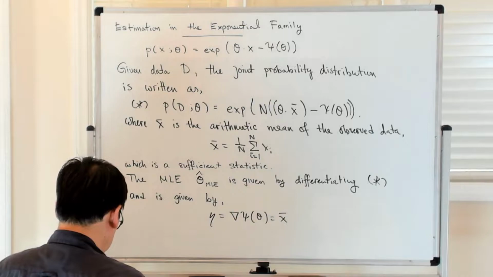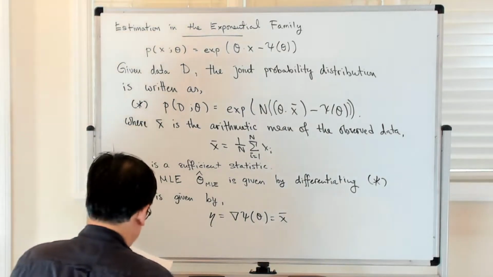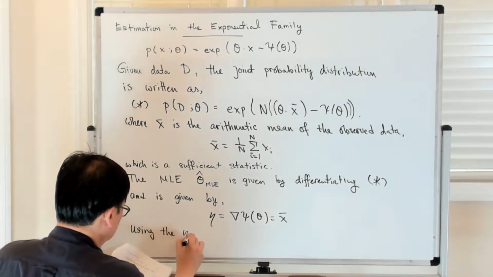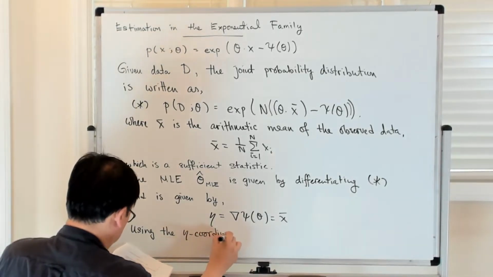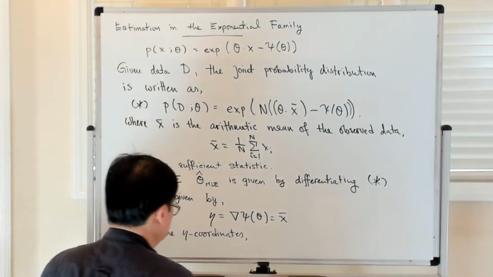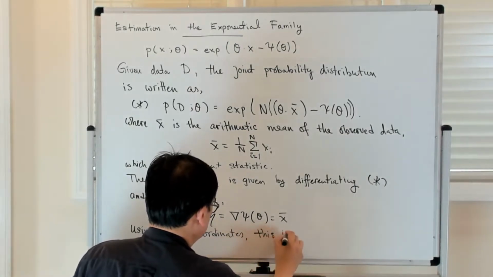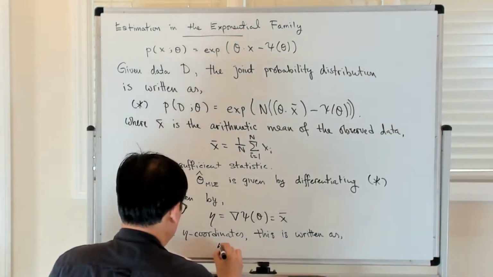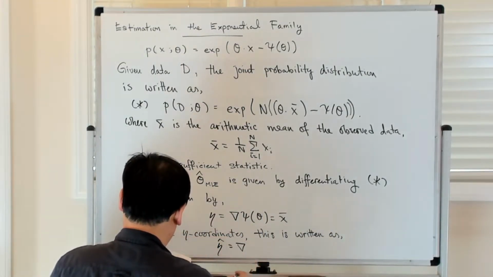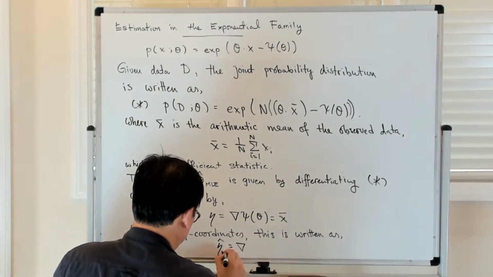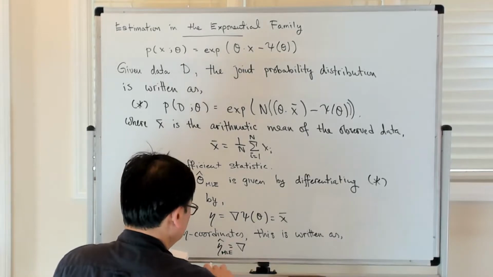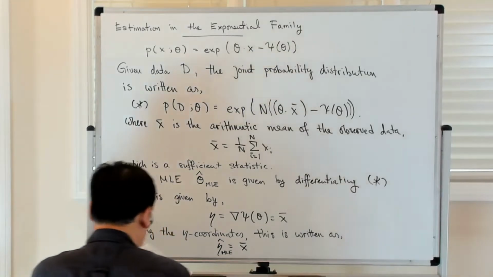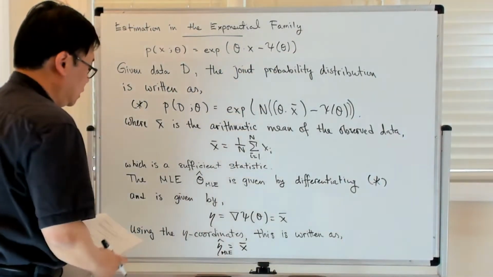So using the eta coordinates, this is written as eta hat, the maximum likelihood estimator, is equal to x bar.